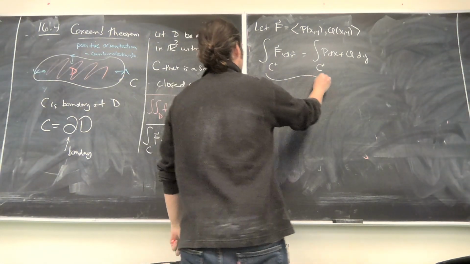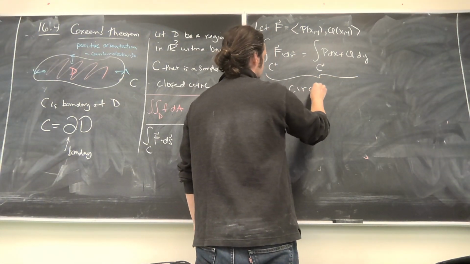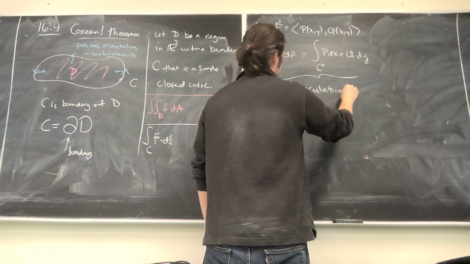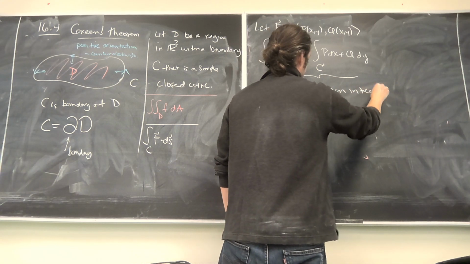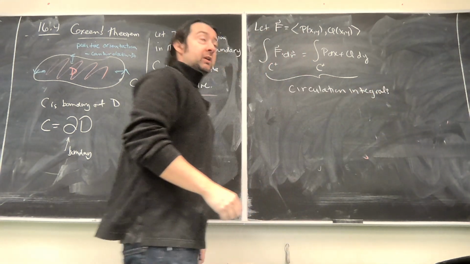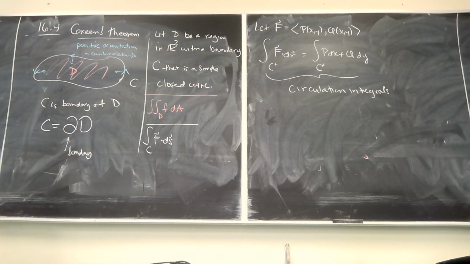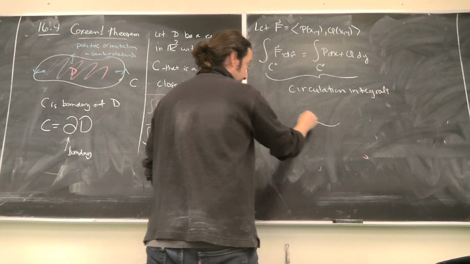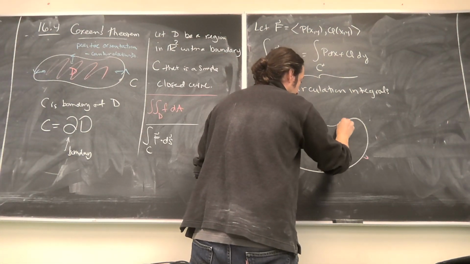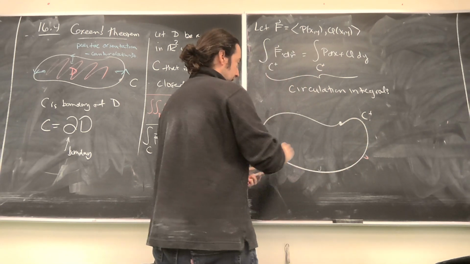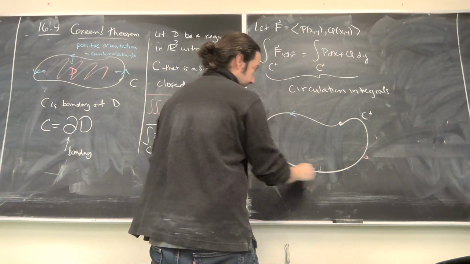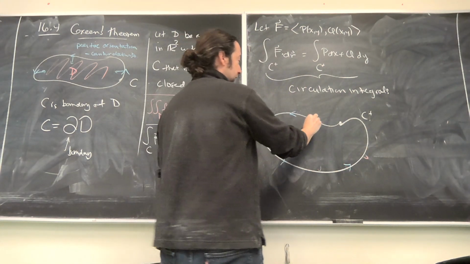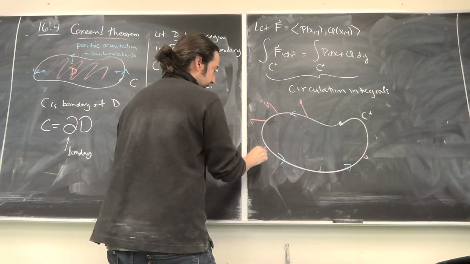These guys are called circulation integrals, because what they're measuring is the work done if I go around some curve in the positive direction, and I have some vector field attached to the curve.